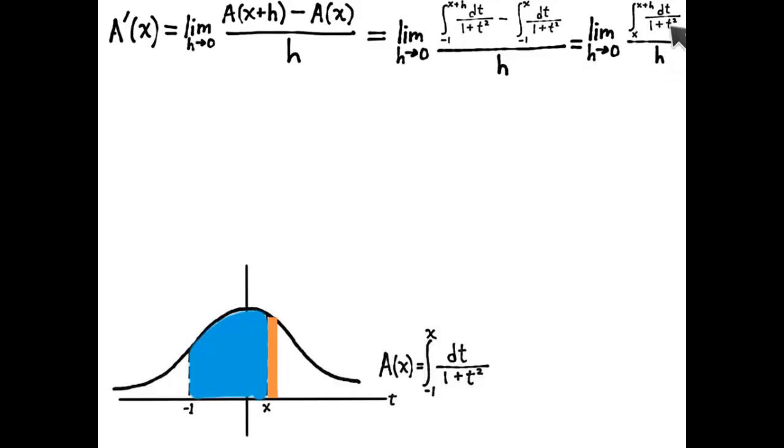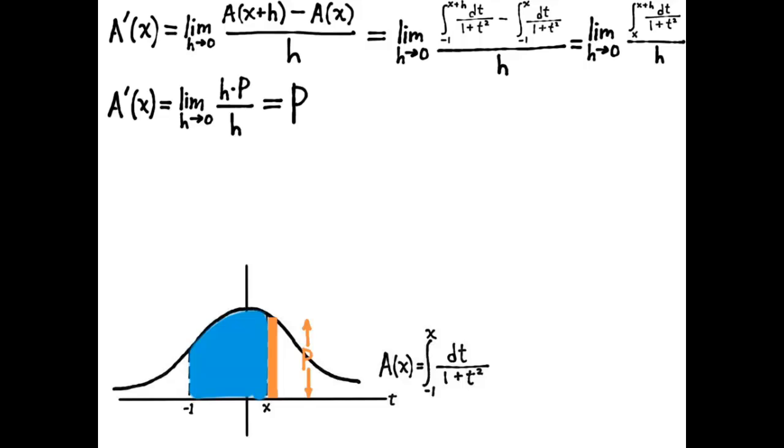So without changing the value of the limit expression, I'm going to replace the numerator with the area of this orange rectangle. So first I have to identify the height of the rectangle. Let's call it p. Then a prime of x is equal to the limit as h approaches 0 of h times p over h. Now I have to identify the value of p.